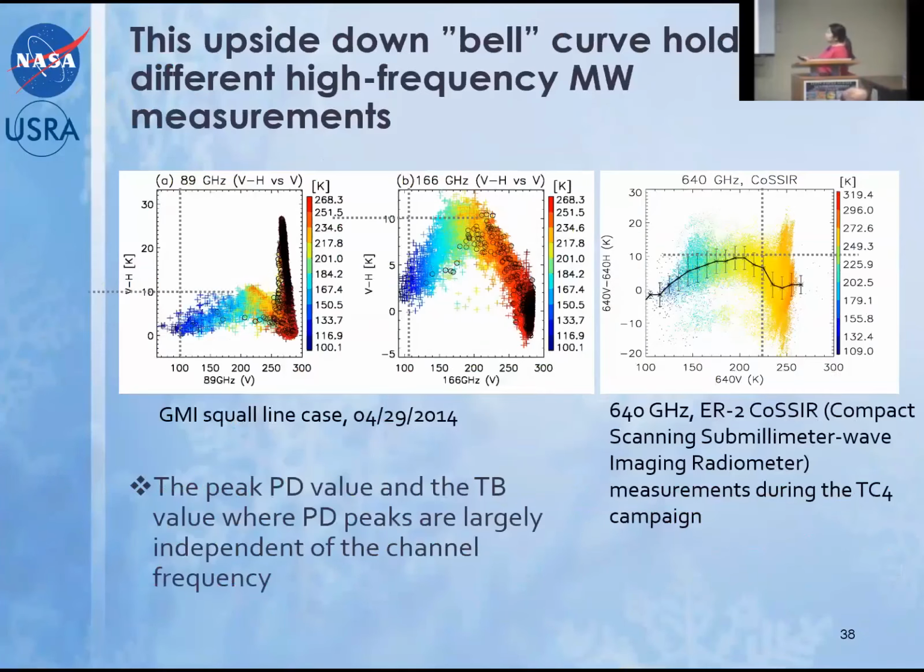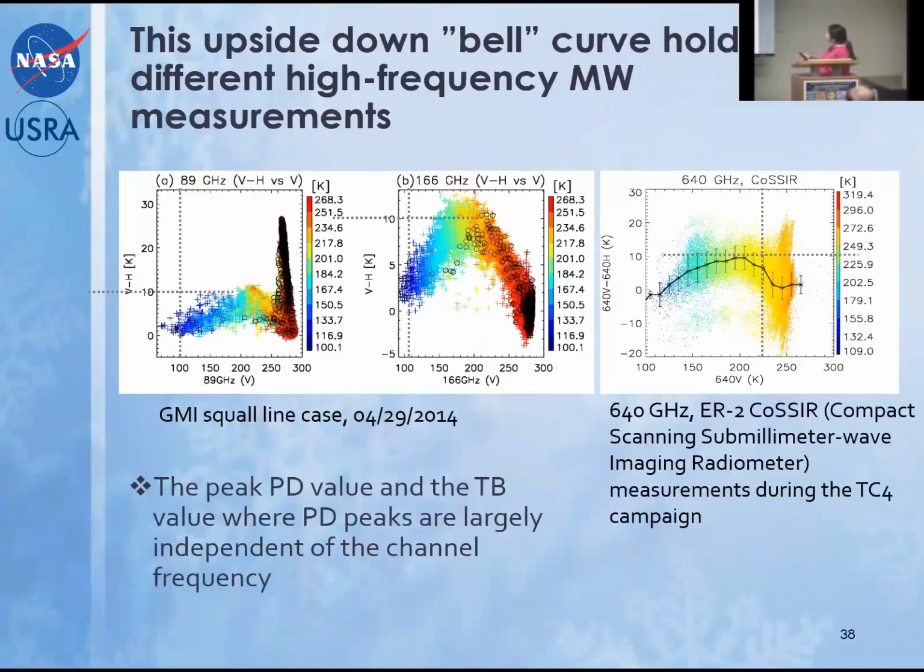And what about the submillimeter range? This is one field campaign result we get from the ER2 COSIR instrument, which works at 640 gigahertz, the sub-millimeter range, and you can see pretty much the same thing. This is just one case, so it's quite noisy, but you can see the same thing.